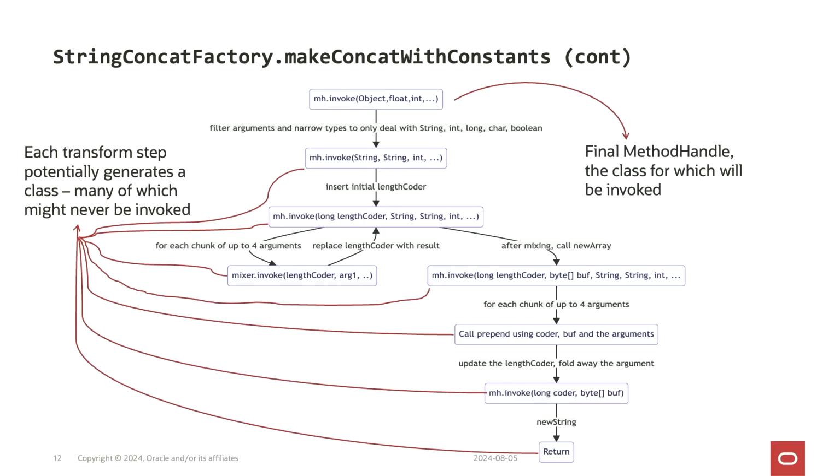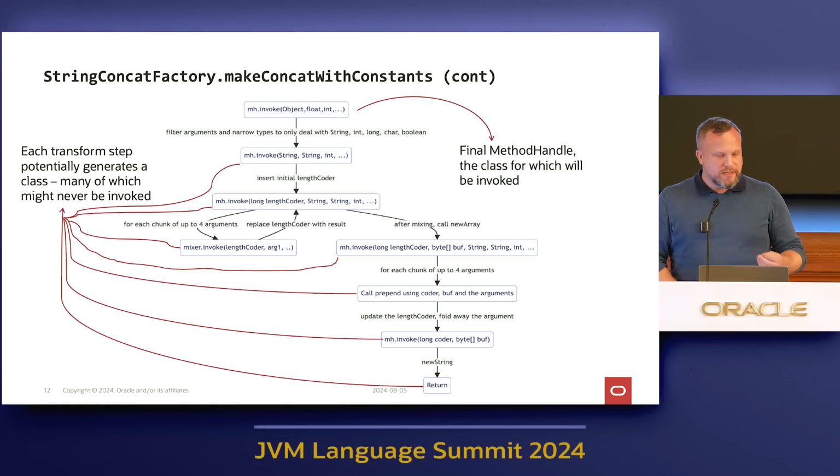But the thing is, every time we do one of these transforms on a method handle, it creates an intermediate class. So there are lambda forms that are built up to implement the method handle shape, and these classes are being spun up pretty eagerly. But then we transform that method handle into a new form.